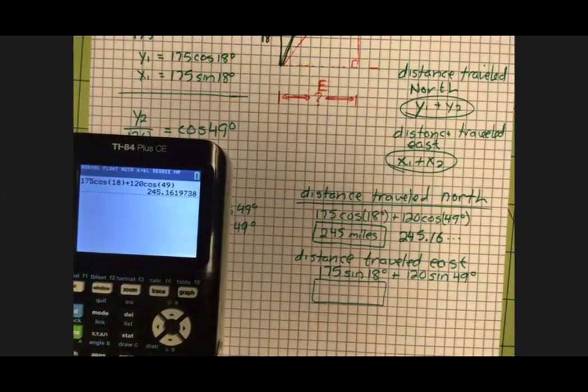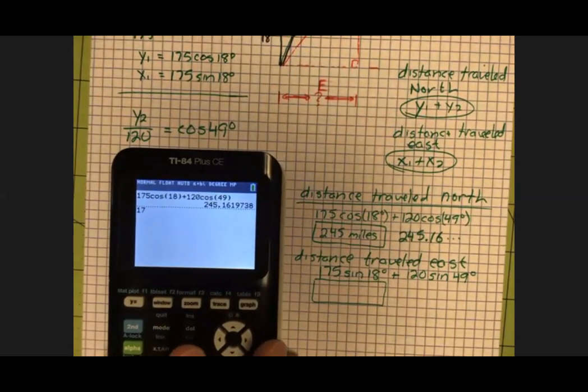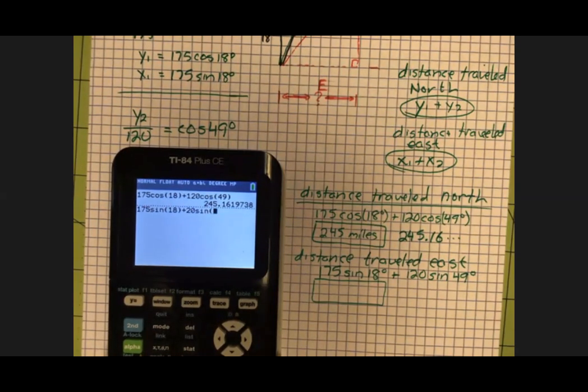So I'll just type it in: 175 sine 18 plus 120 sine of 49.